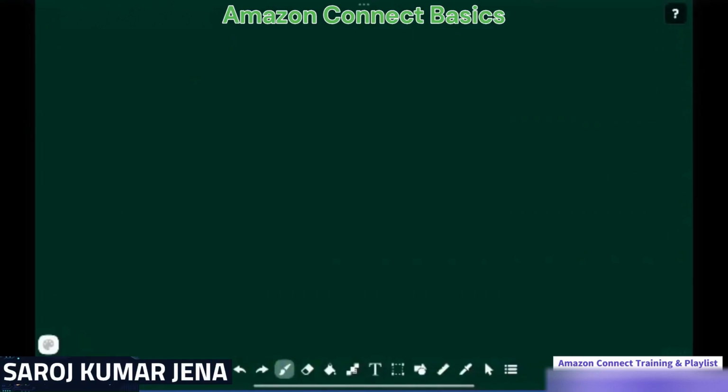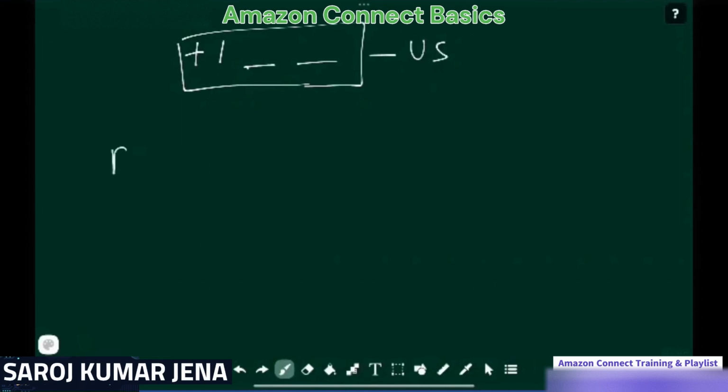Let's understand a few things here. What exactly are we doing? At first, we claimed a phone number starting with +1 for US. Here we have created one routing profile, and under that we have two call queues: one for IT training, another for insurance training.